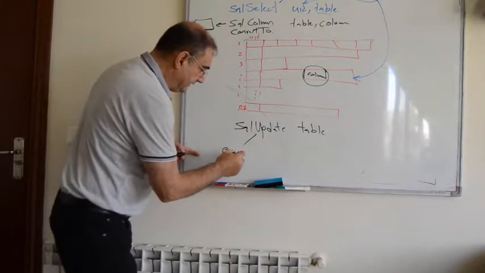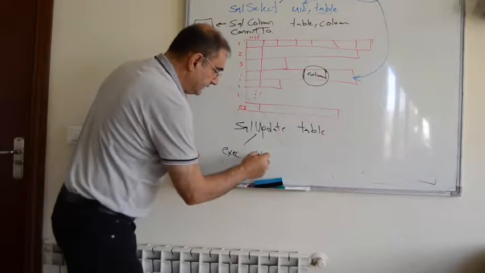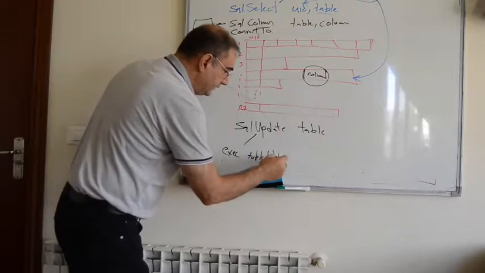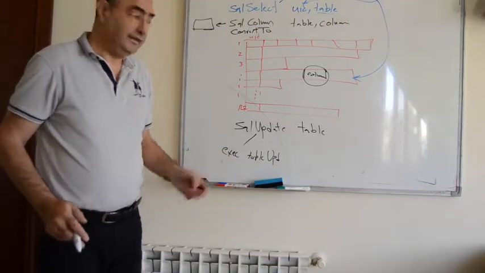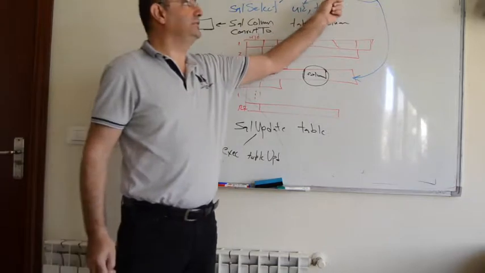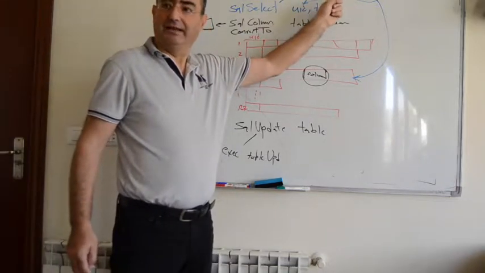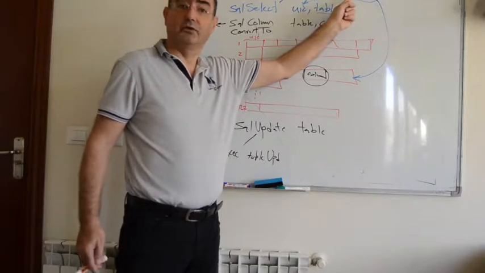It says exec table UPD, the update. This is a stored procedure. There is a stored procedure called table cell for every table. So we have 127 different stored procedures for the select.